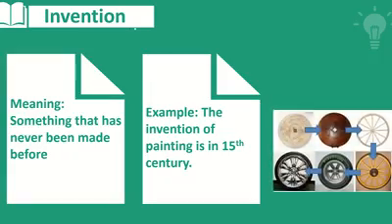Next vocabulary is invention. Means something that has never been made before. In Bangla, invention means আবিষ্কার. For example, the invention of painting is in the 15th century. Here we find the invention of the wheels.